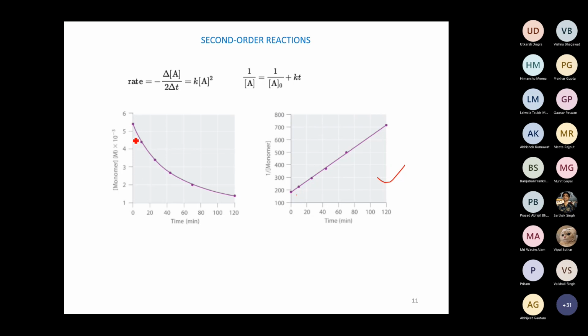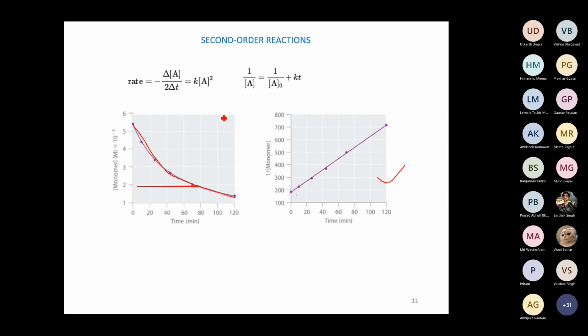If you plot the concentration of starting material versus time, you will see a plot similar to first order, but since this is second order, your initial slope will be much higher, because the disappearance of the starting material is much faster compared to the first order reaction.